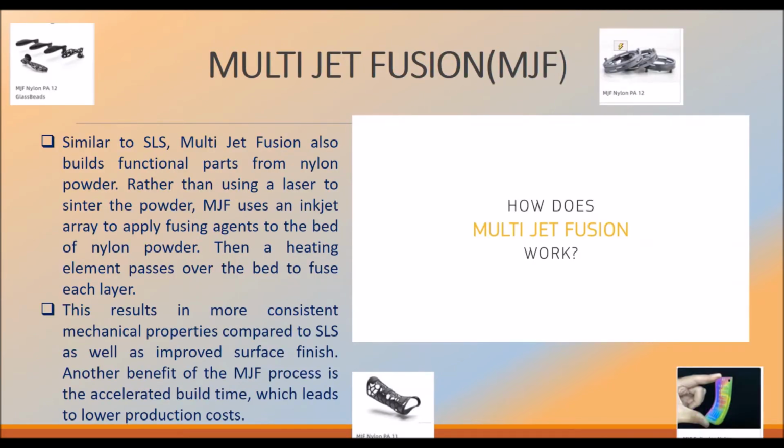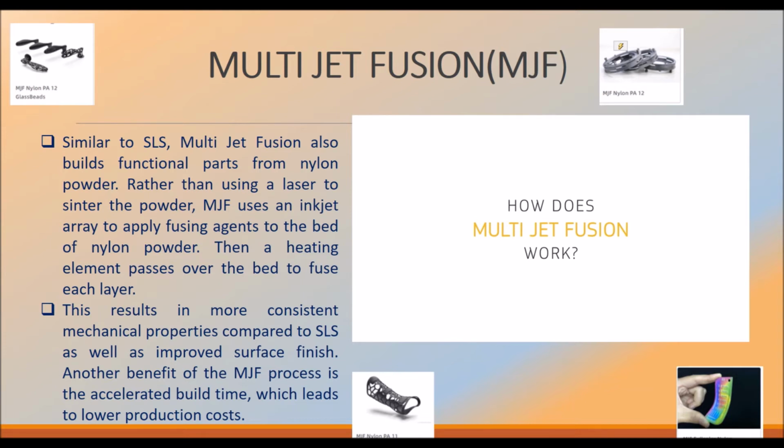Coming to multi-jet fusion, that is MJF. So MJF is similar to SLS. MJF also builds functional parts from nylon powder. Rather than using a laser to sinter the powder, MJF uses an inkjet array to apply fusing agents to the bed of nylon powder.